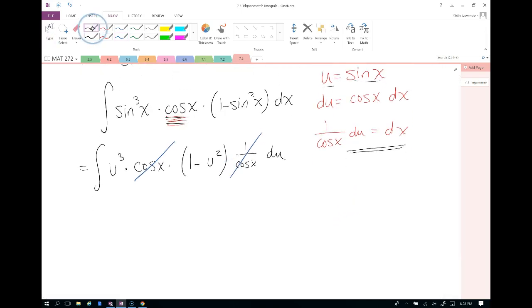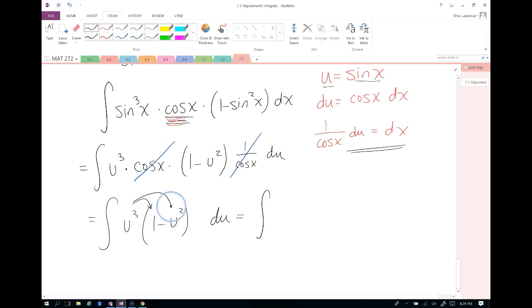Now again, we've got a simple algebraic integrand that we can do by hand, just using power rules. We just have to go ahead and distribute that u cubed. And if we do that, now be careful, when you do u cubed times u squared, we are multiplying the bases, which means we are adding the exponents.